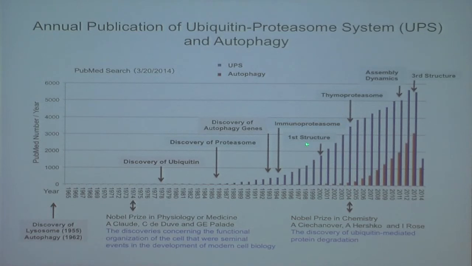We have also contributed to structural analysis: almost all primary structures of the subunits, and recently the tertiary structure in collaboration with a biophysics group. And autophagy genes were identified in the 1990s, and then papers increased dramatically. So now both systems are very important in life sciences in general.